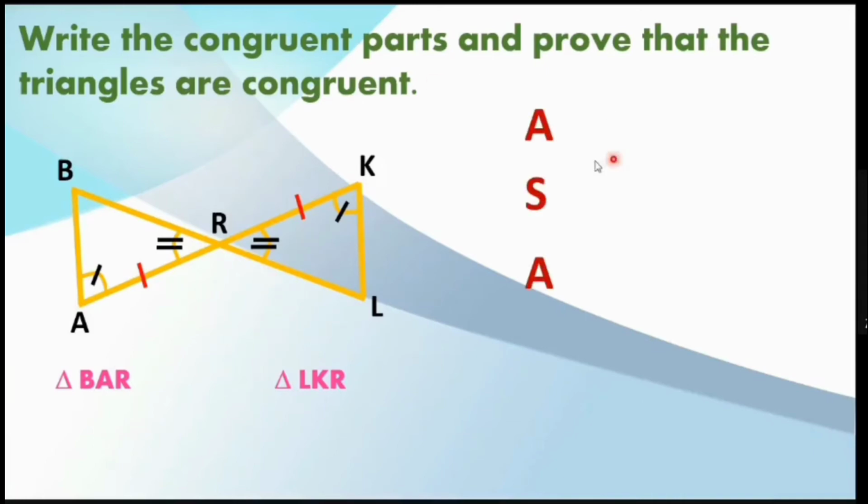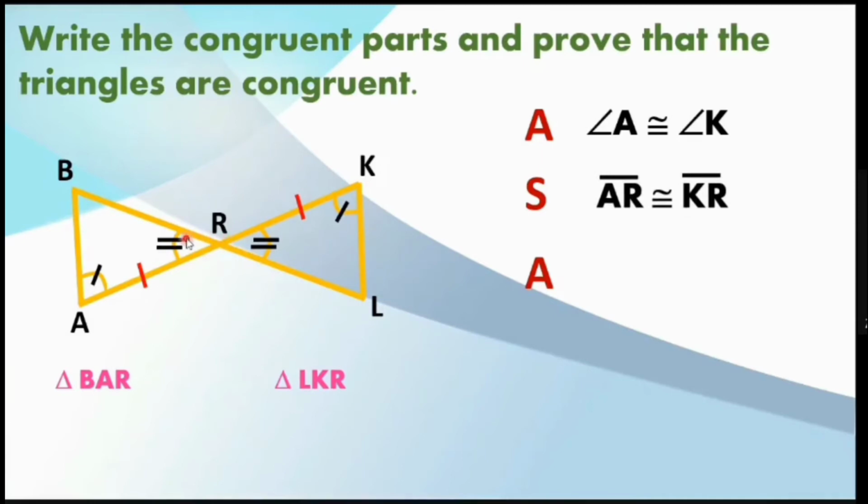Okay, so let us give the first statement on angle. Angle A corresponds to angle K. So therefore, we can say that angle A is congruent to angle K. Next, on side, we have side AR corresponds to side KR, or side AR is congruent to side KR.